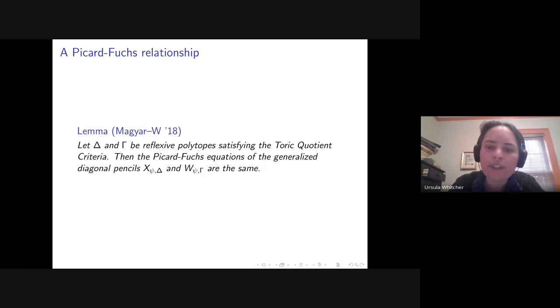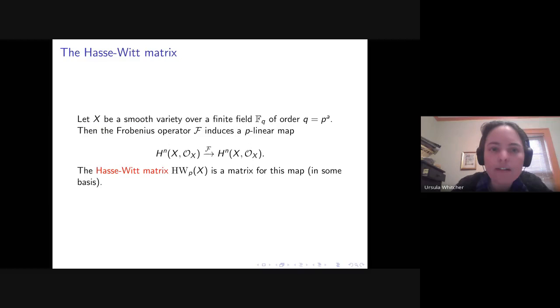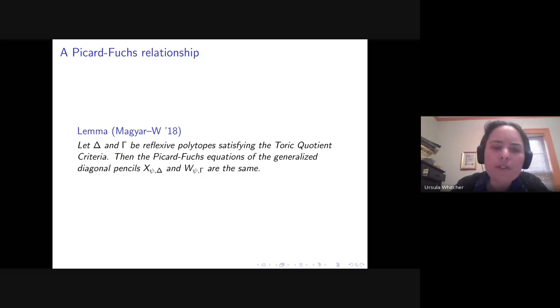So this really feels like the Green-Plesser mirror construction, that you have now 2 potentially different families living in potentially very different spaces, but you're able to pick out, using this natural combinatorial criterion, families that are going to give you the same Picard-Fuchs equations. So this is the kind of set of examples that we're going to be curious about, seeing how much we can push through.